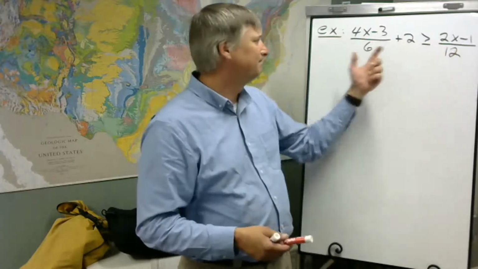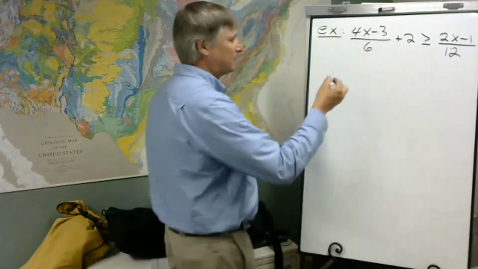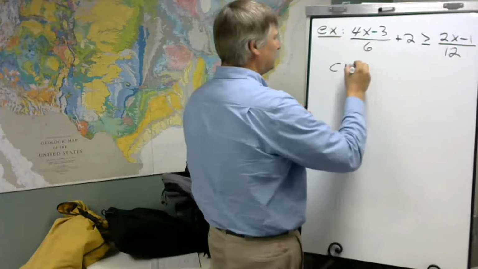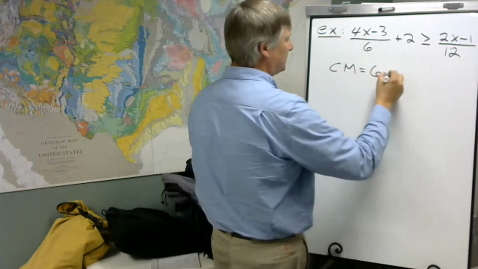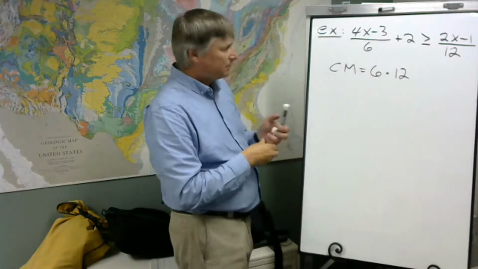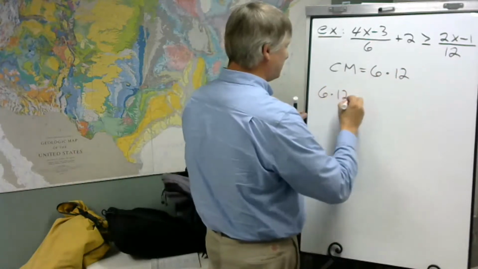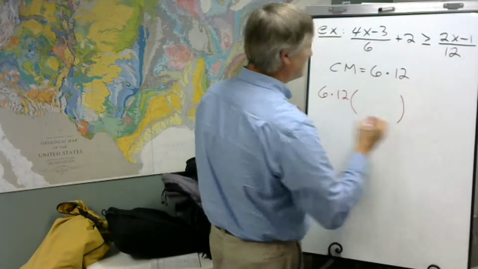But let's say we don't see that option. So let's say we have this. We're going to use a common multiple of 6 times 12. So what we'll do, we'll multiply everything through by 6 times 12.